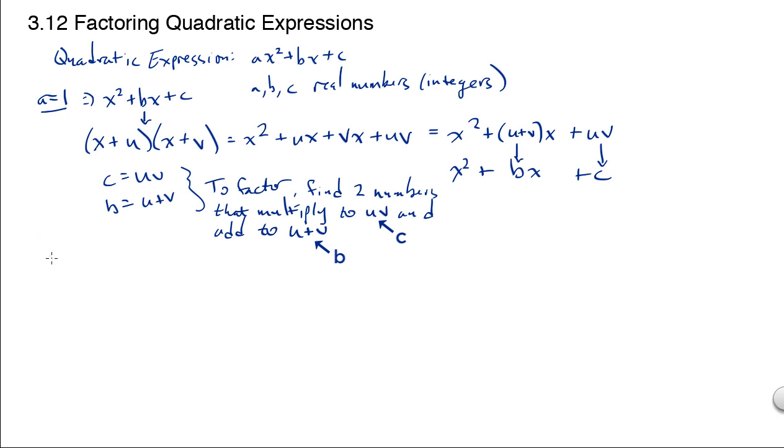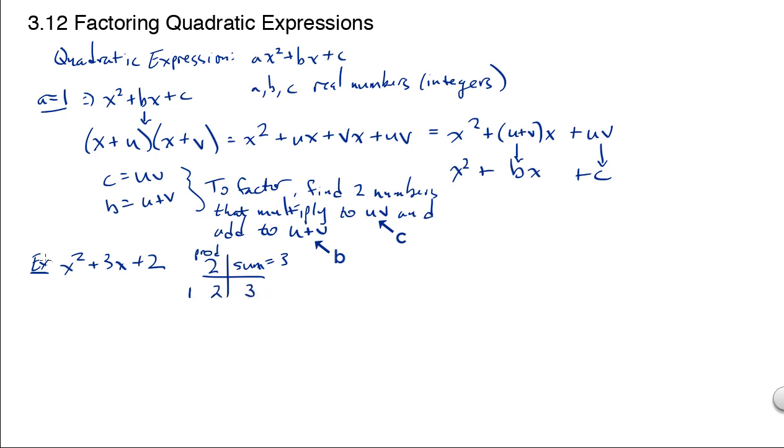So let's look at x squared plus 3x plus 2. Let's factor that. Well, let's find two numbers whose product is 2, they multiply to 2, and they add to 3. Well, guess what? There's only one possibility here, 1 and 2.